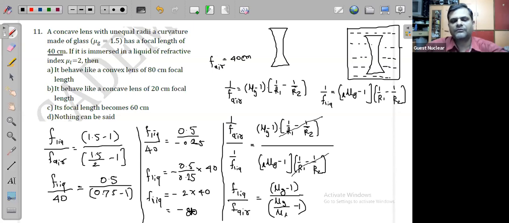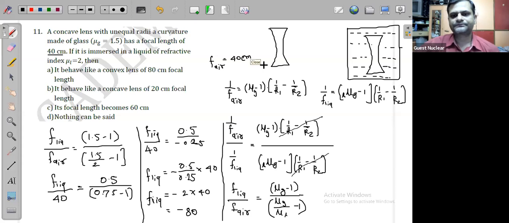Now just see here, what does this minus sign tells us is, अभी देखो यहाँ पे माइनस साइन का मतलब क्या है कि ये देखो 1/r1 और 1/r2 का जो डिफरेंस है वो तो हमने कैंसिल कर दिया, it is going to be the same. But here minus sign just gives us an idea that the nature of this lens in the liquid will just be reverse of the nature outside the liquid.